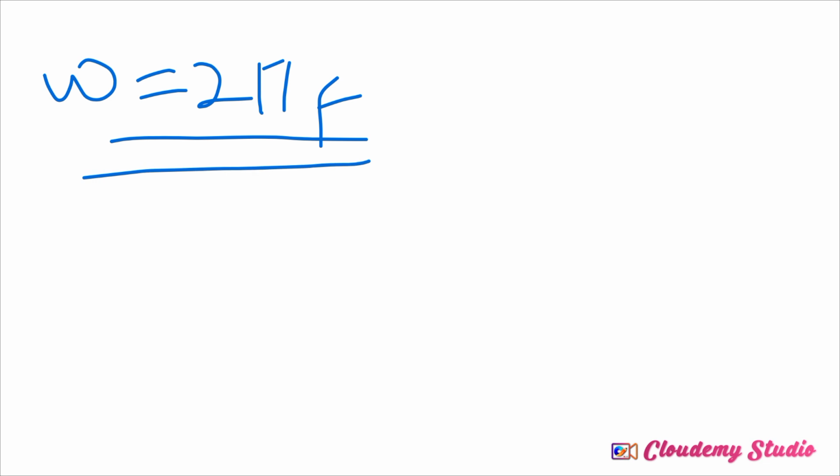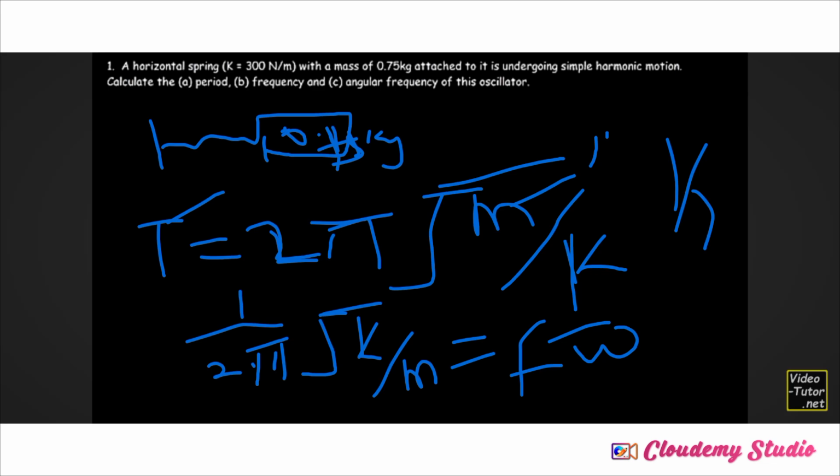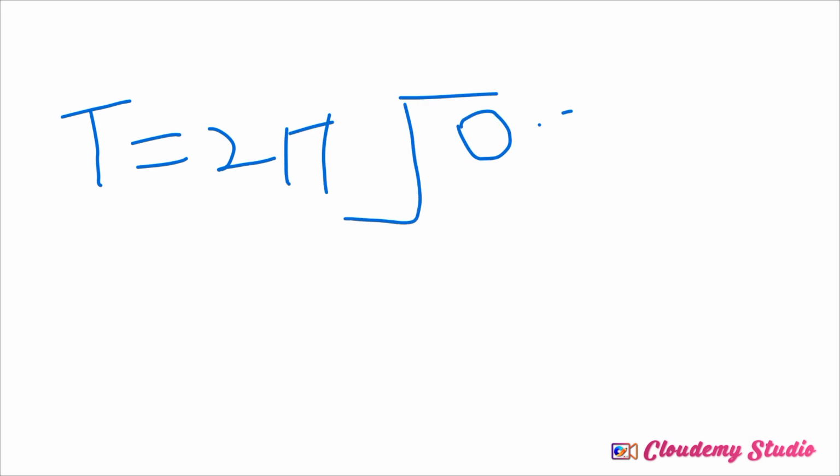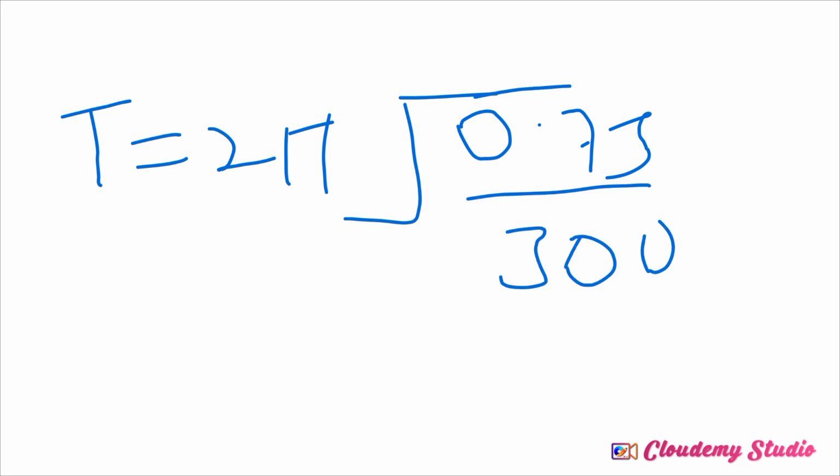Now we are going to solve. For the first one, T is equal to 2 pi multiplied by the square root of 0.75 over 300.